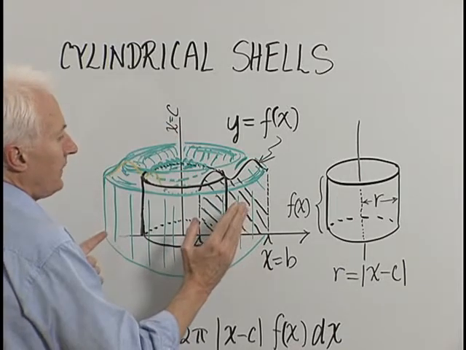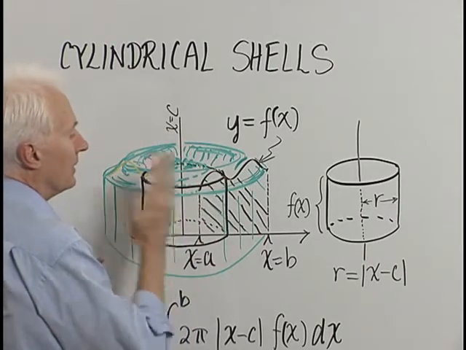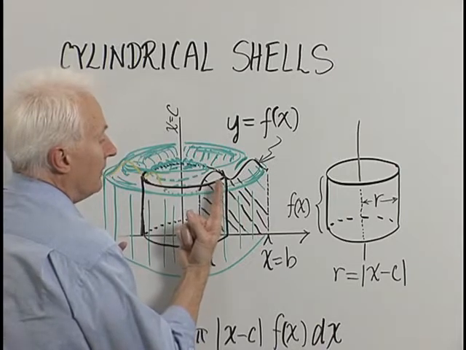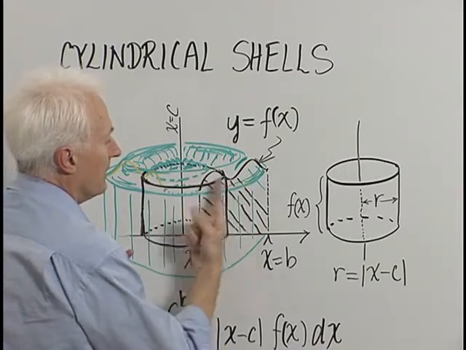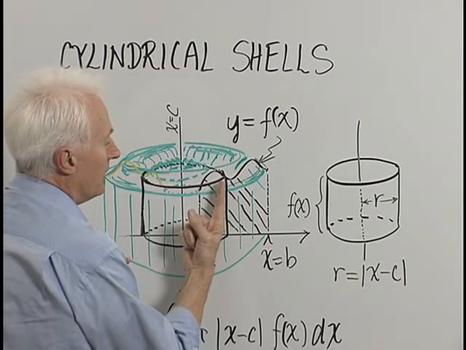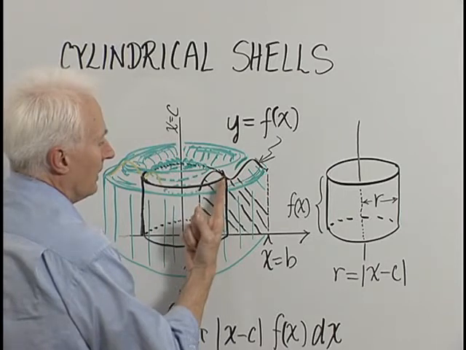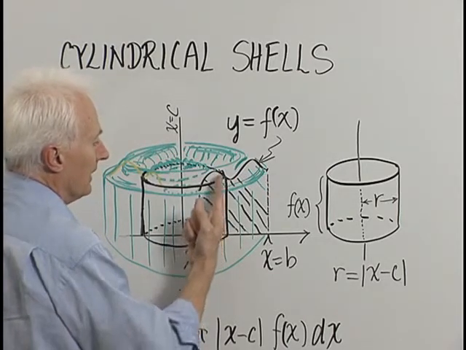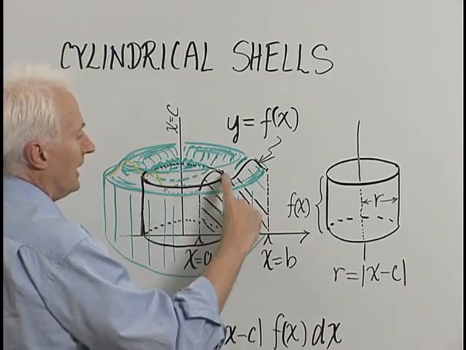Now, notice if I view this solid as composed of the results of revolving the little thin strips that make up this area under the curve, which are vertical and parallel to the axis of rotation. If I take one of these at, say, the location x, it extends from the x-axis up to f of x, so its height is f of x.